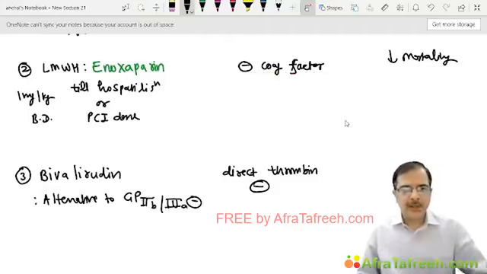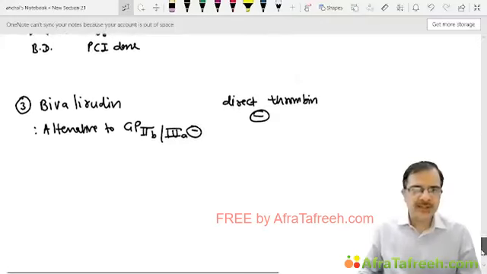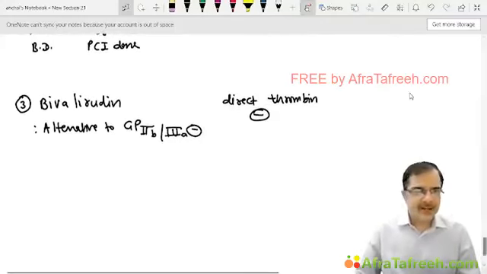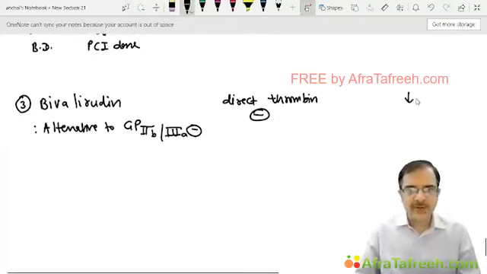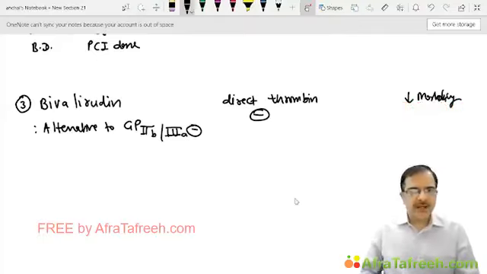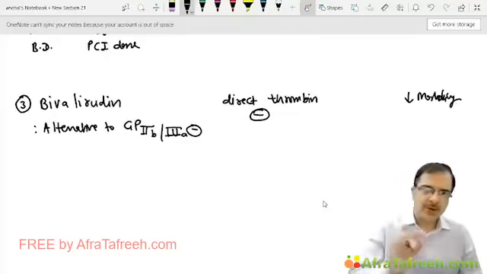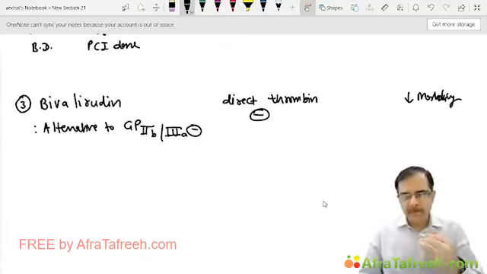Therefore, the role of the glycoprotein 2B3 inhibitor is going down. When the patient is undergoing a PCI procedure, this agent is helpful, and it has been shown to again decrease mortality in cases of unstable angina or non-ST elevation MI patients. So these are the three important anticoagulant or antithrombotic agents which are used.